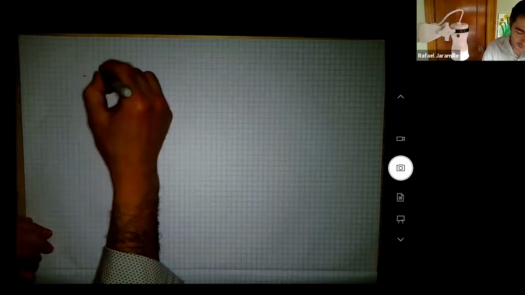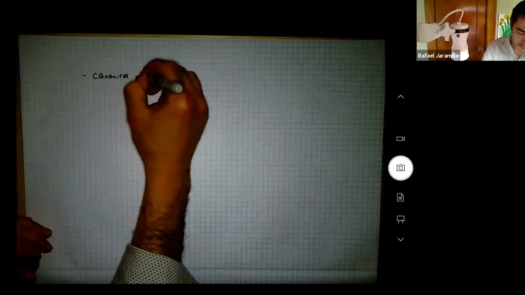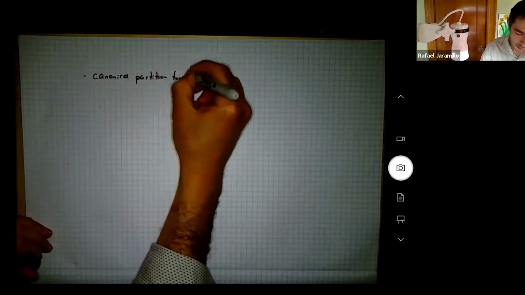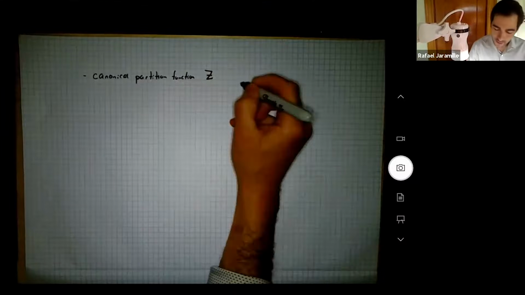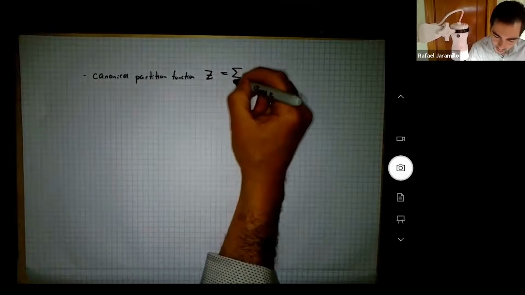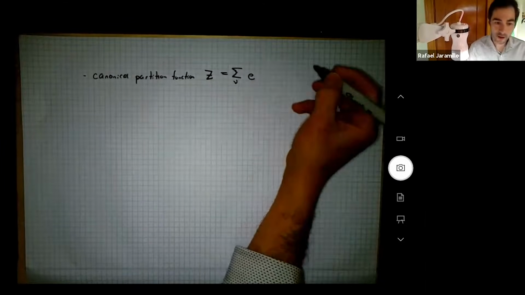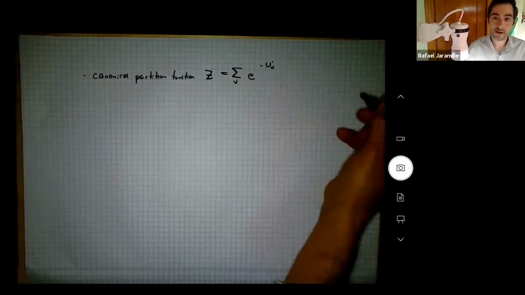And so this is an ensemble, and this ensemble has its own partition function. It's known as the canonical partition function, and that's typically written as Z. And this is now a sum, as before, a sum over states. But we're not summing over single particle states. We're summing over system energy states.